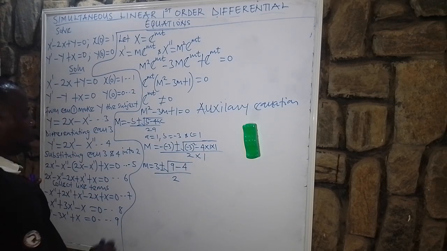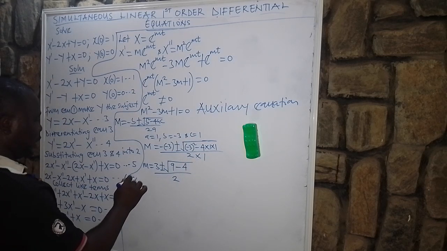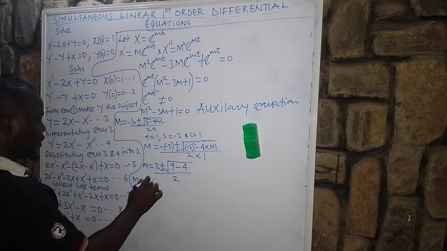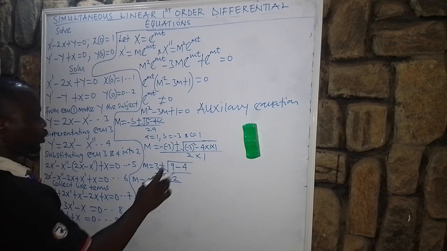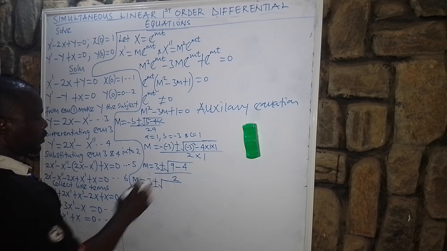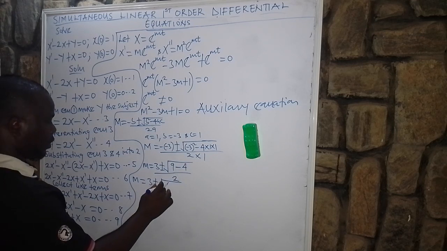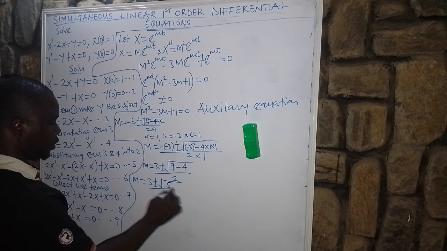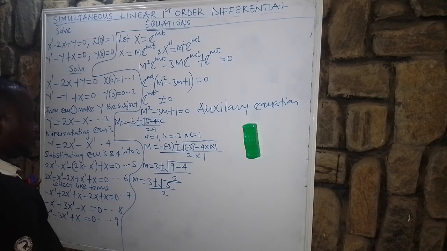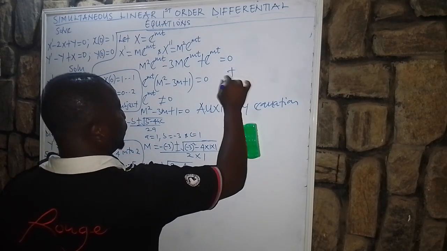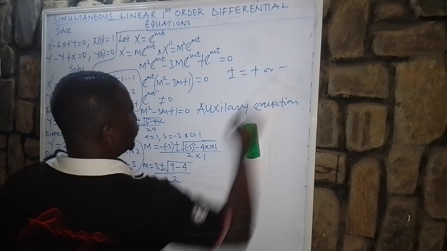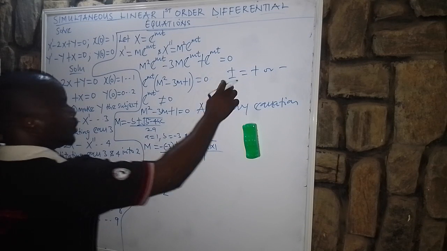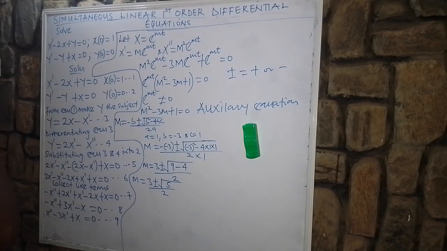So our m will now be 3 plus or minus the square root of 9 minus 4, which gives us 5, all over 2. Note that minus times minus gives plus.